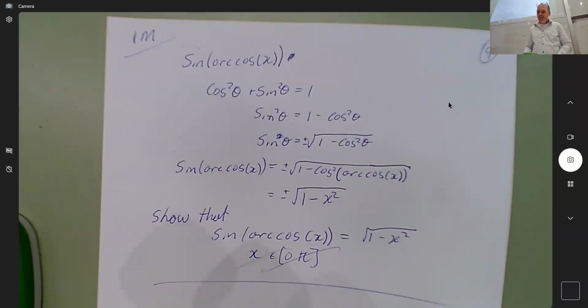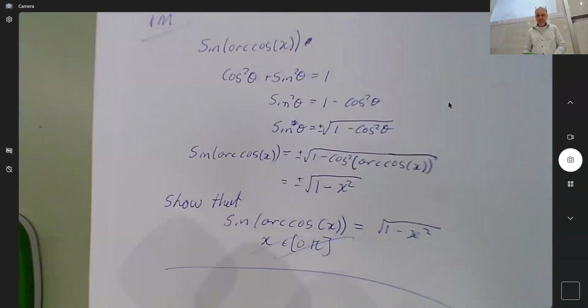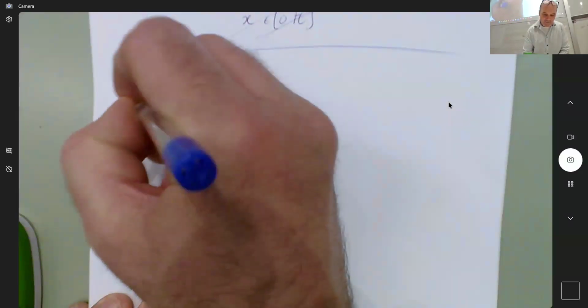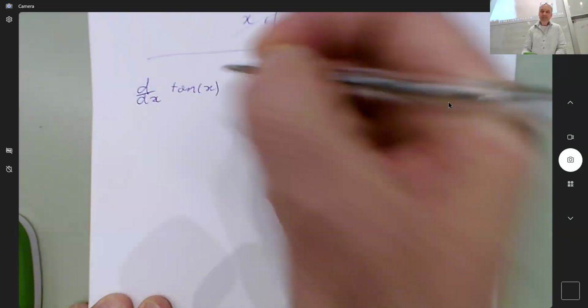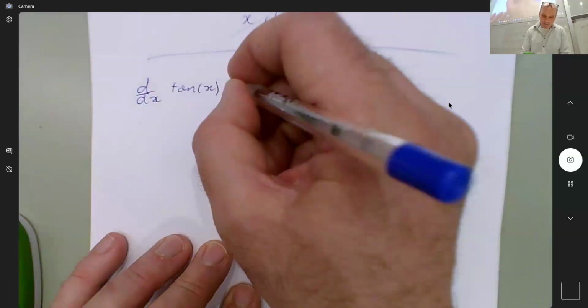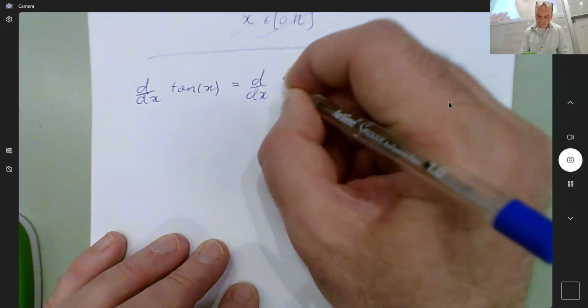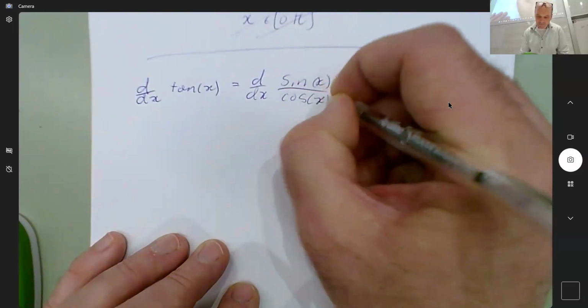The last thing the sample exam had was derivatives of trig functions. So let's do this. If I do the derivative with respect to x, start with something simple, tan x. I'm going to do this as the derivative with respect to x of sine x on cos x.